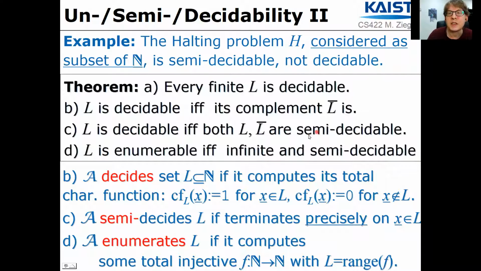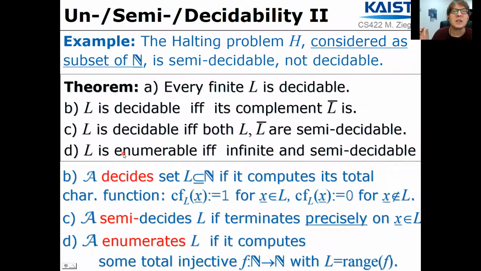And thus this is a reasonable notion, calling it semi-decidable, because it's really half, and both halves together make up the original decidability.